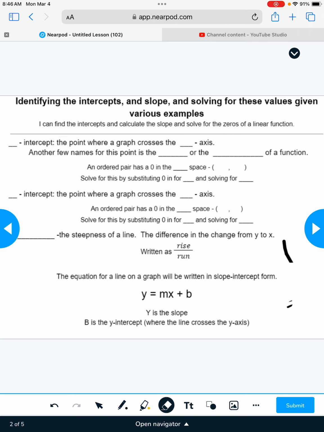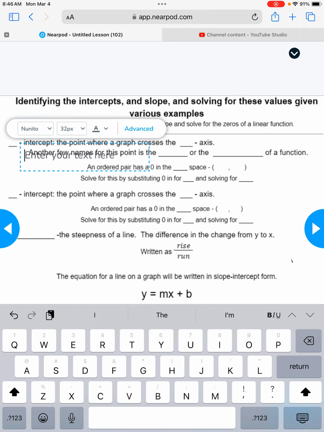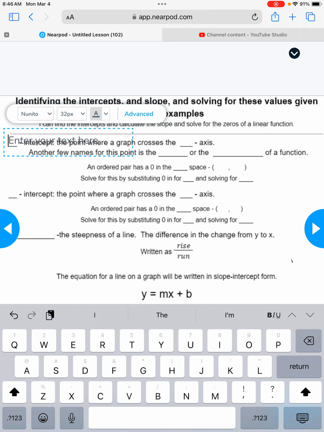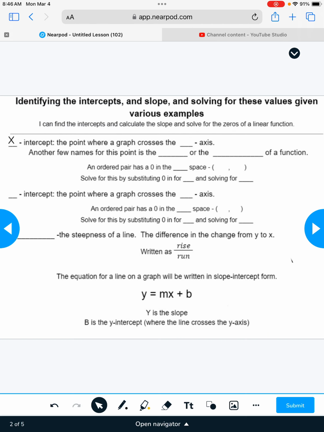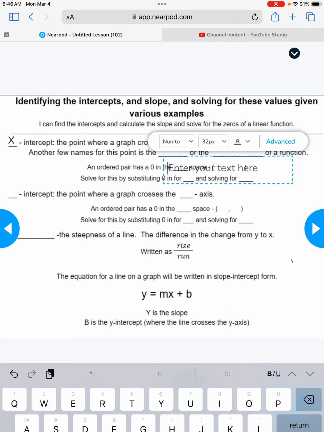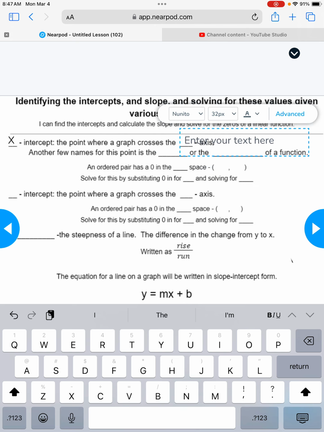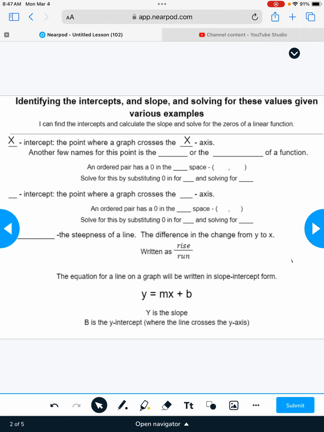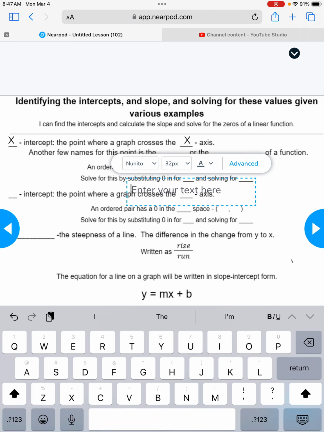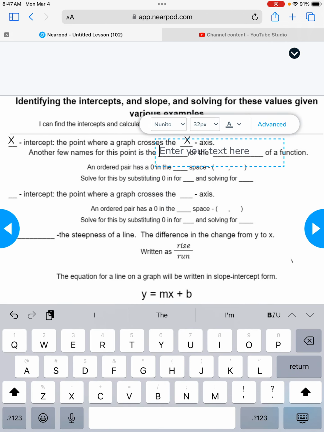Okay, so the first thing I want us to talk about is going to be our intercepts. So the first one I want to talk about is our x-intercept, and the x-intercept is important because, like you guys saw with the quadratics, it's where it crosses the x-axis, and that was something that we called the zeros. So you see that a lot more when it comes to the quadratic graphs, but it is something that can be mentioned here.